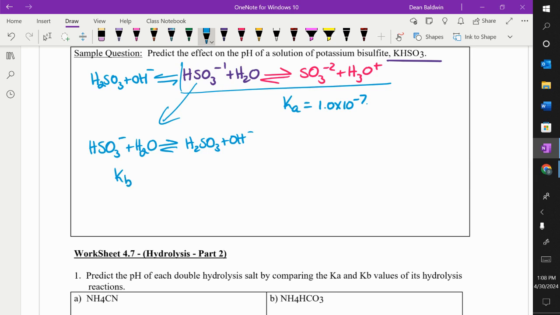So Kb for this is going to be Kw over the Ka of what acid? H2SO3, sulfurous acid, right?